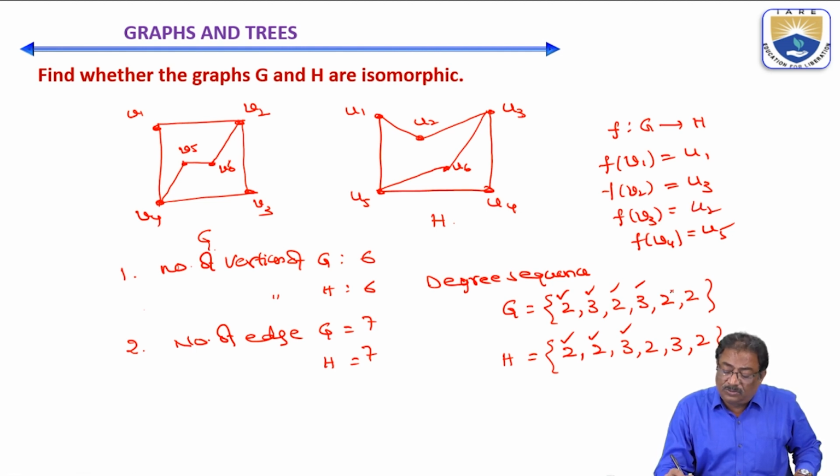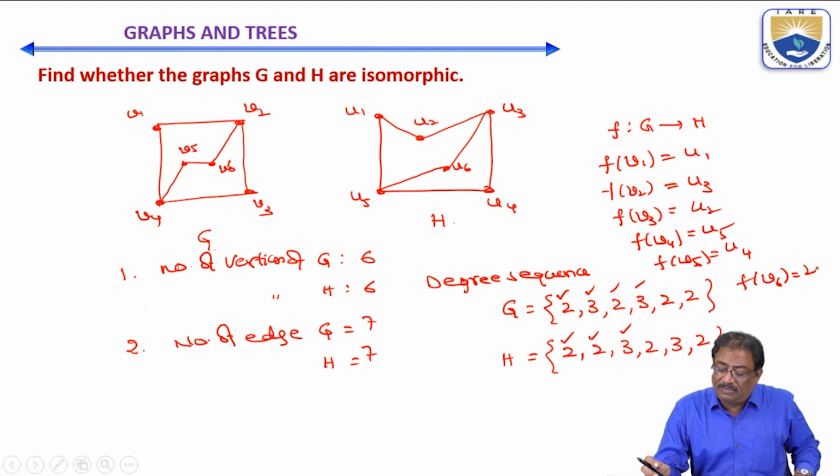Then F of V5 is 2, so I can take it as U4. Then F of V6 is 2, that is nothing but U6, which is also 2.